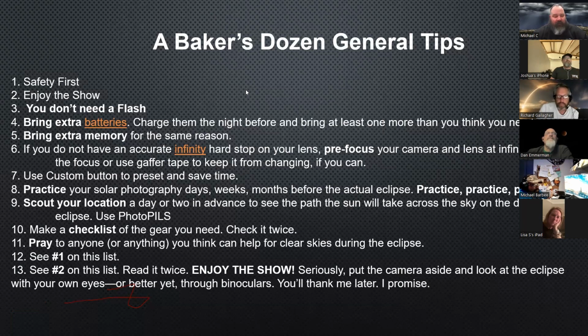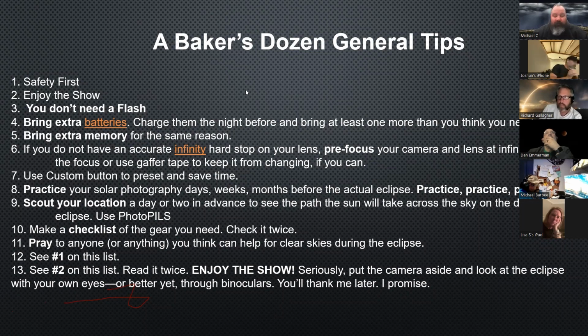As Dan kind of said earlier, pre-focus your camera lens, lock it down with some gaffer's tape or a focus lock. Use your custom buttons, as I said. Get out and practice. We've got a month and a half till the eclipse. If you've got the equipment, this weekend, I know in Texas at least, the weather's supposed to be nice.